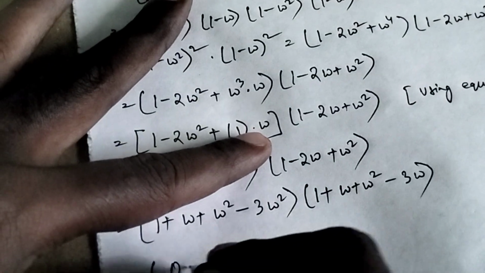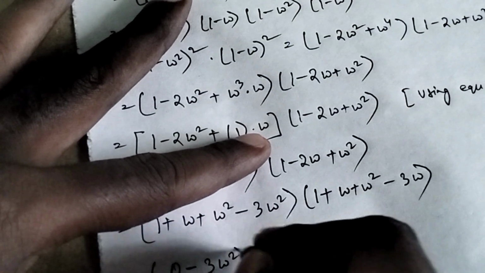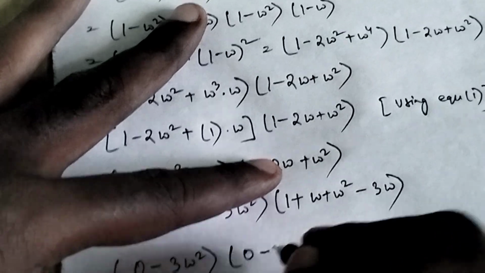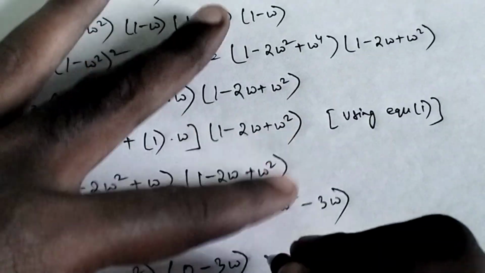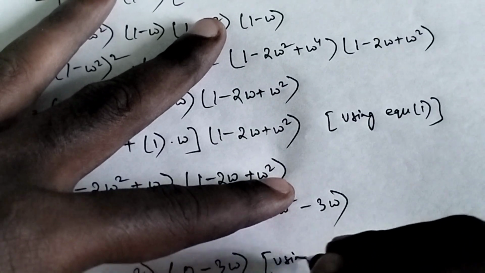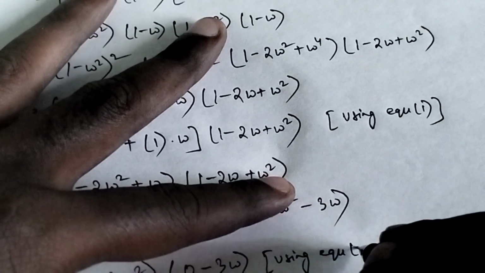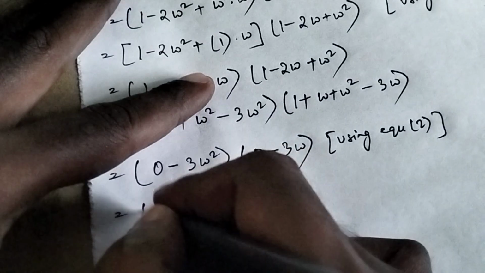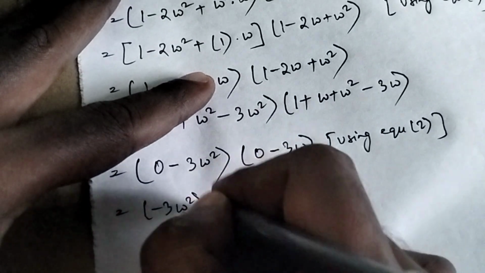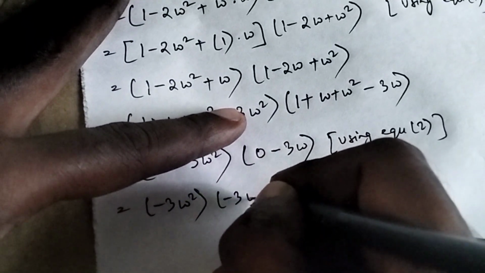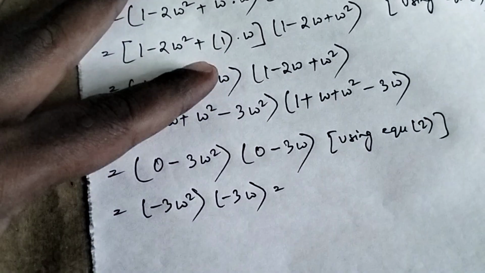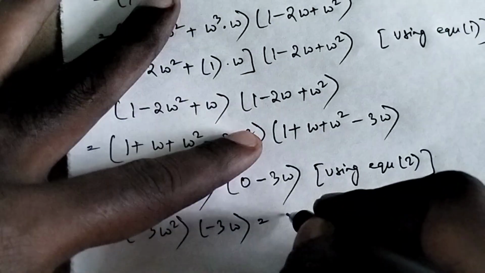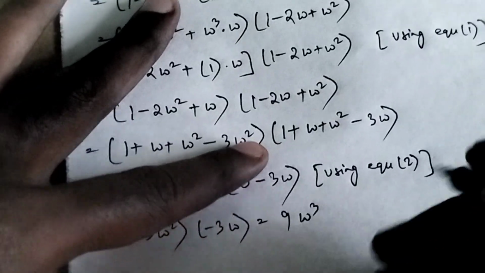So it will be 0 minus 3 omega square and 0 minus 3 omega. Here you have to write using equation 2. So it will be minus 3 omega square into minus 3 omega. Minus minus will be plus, 3 into 3 is 9 omega cube.